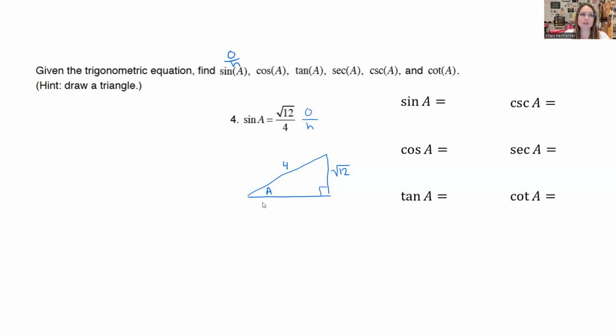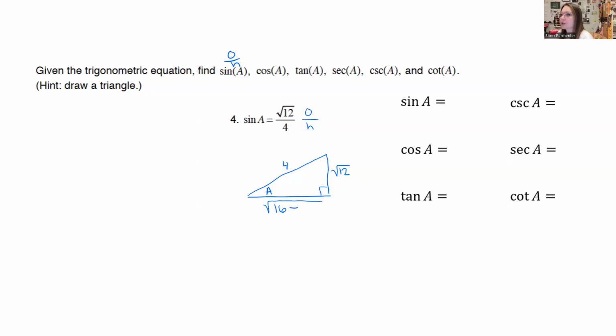What will I do to find this missing side length? Pythagorean theorem, right? Yep. This time we know the hypotenuse, so we have to do the square root of the hypotenuse squared minus the leg squared. So the square root of, what's 4 squared? 16 minus, okay, what is the square root of 12 squared?